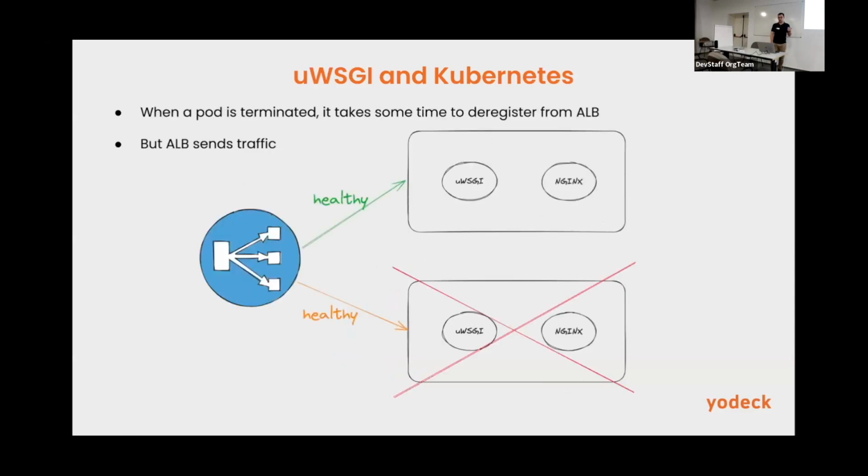But when we were downscaling and pods were getting killed by Kubernetes, ALB doesn't handle this very quickly. It took some time for ALB to realize what was going on, for the health checks to start failing, and to deregister the pod from the pool of ready-to-serve targets.